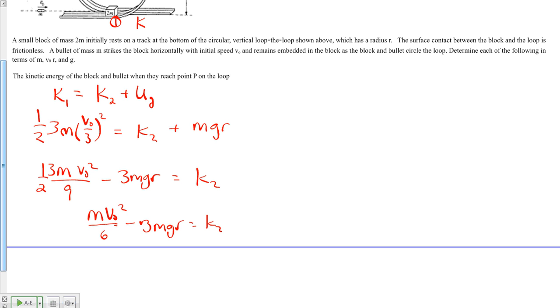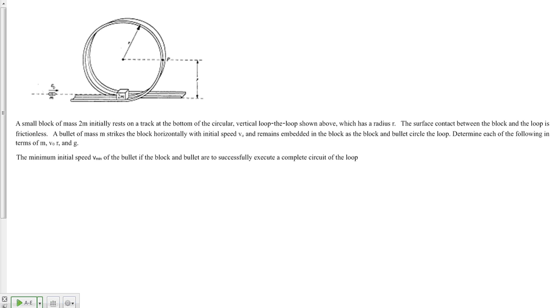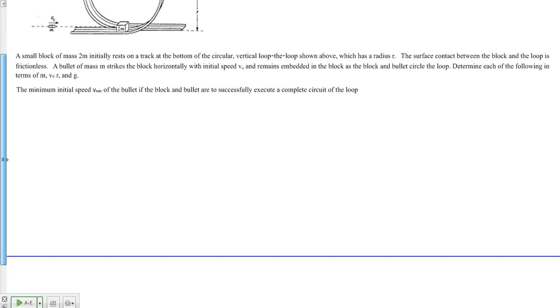Better. Thank you. Yeah, I forgot 3m over here too. This is 3m too. Little mistakes. We're trying to go too fast with it.